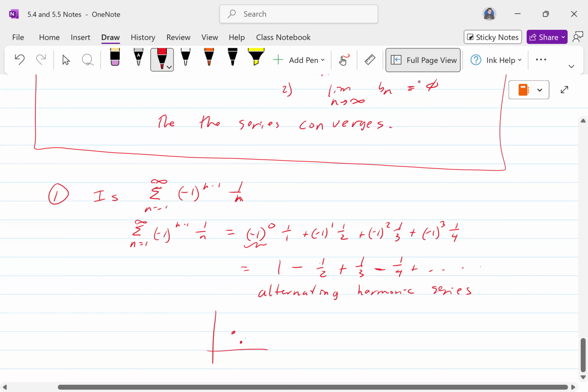Then we add back a 1/3, and then we cut it down again and do 1/4. The partial sums, the S of n's, will oscillate back and forth, but they're going to get smaller and smaller, and they're eventually going to converge to some value.